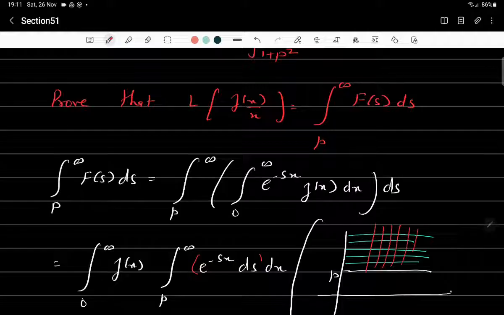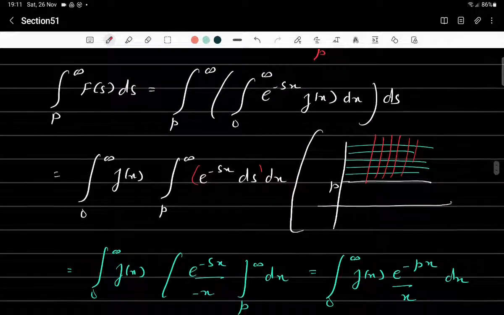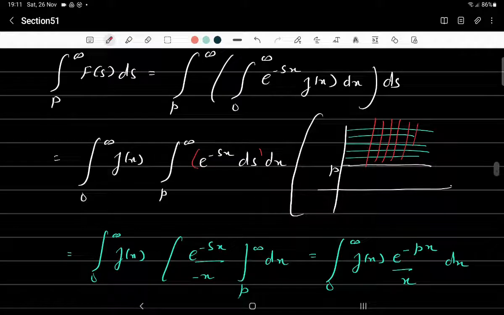By doing this, I can easily integrate e raised to power minus sx ds. So it would be e raised to power minus sx divided by minus x, because integration is with respect to s, and the limits are p to infinity. At infinity it becomes 0 because of minus s, and s is going to infinity.